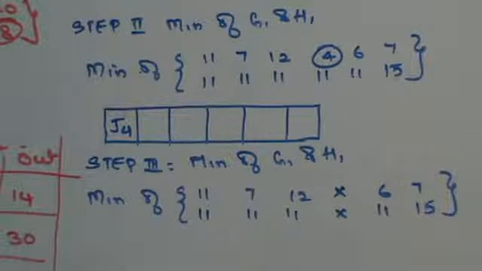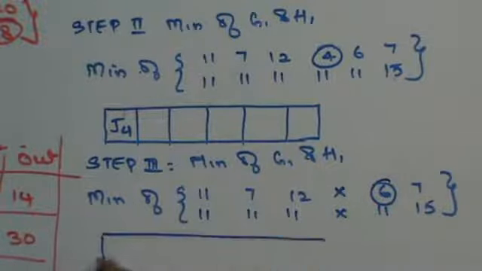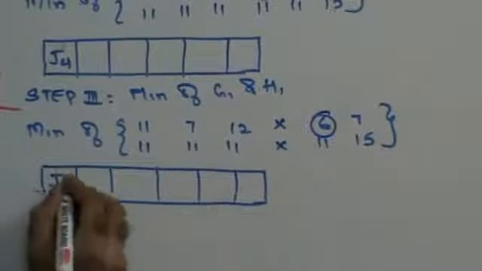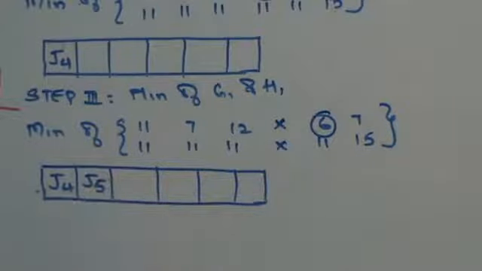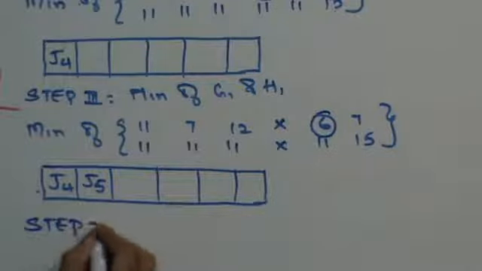Right? The smallest number now is 6. Again, it's in the first row, so you'll have to write from the start. You already have J4. 6 is in J5.